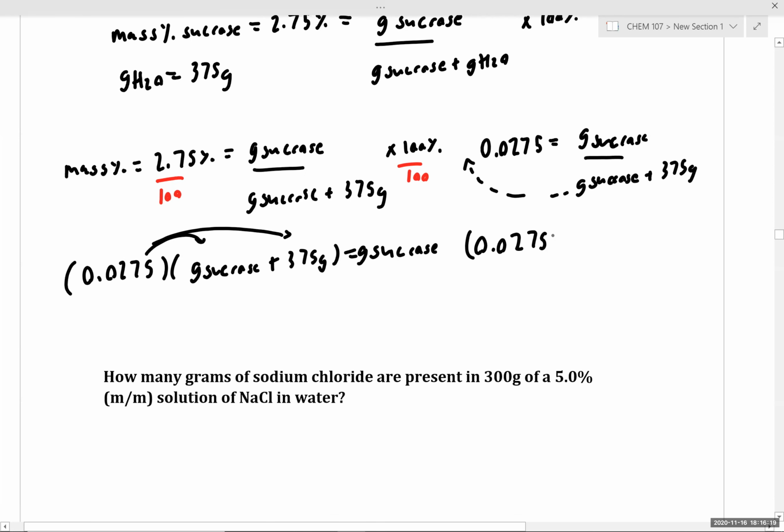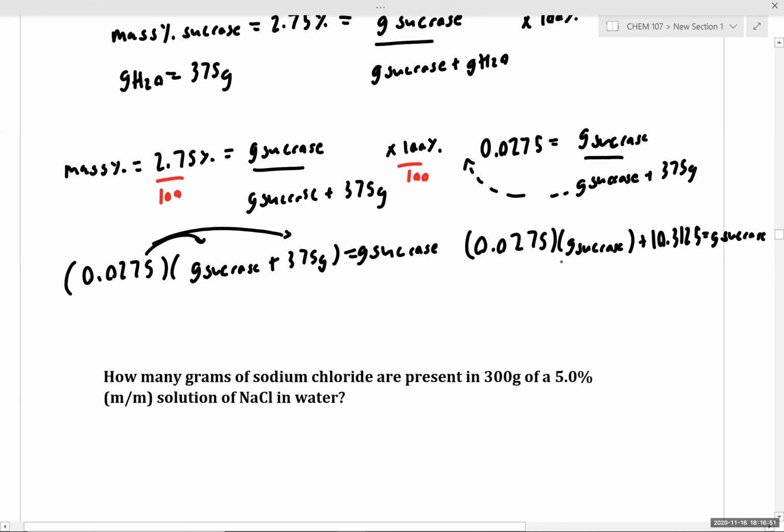That gives us 0.0275 times the grams of sucrose plus 375 times 0.0275. Punching that into our calculator gives us 10.3125, and that is equal to the grams of sucrose.